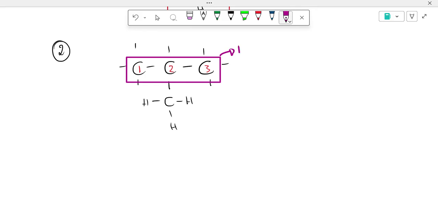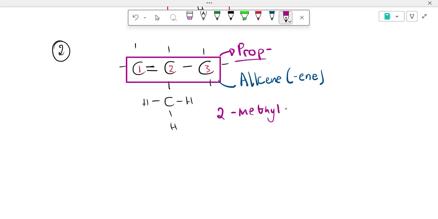So this tells me I'm looking at prop, right? And since I have a double bond here, I'm looking at an alkene, right? And it has the suffix ene. Okay, so how do I name this compound? The name of this compound will be 2-methylpropene.